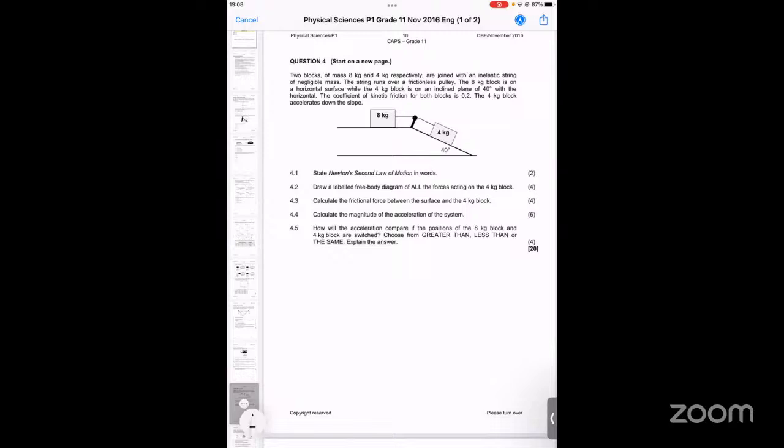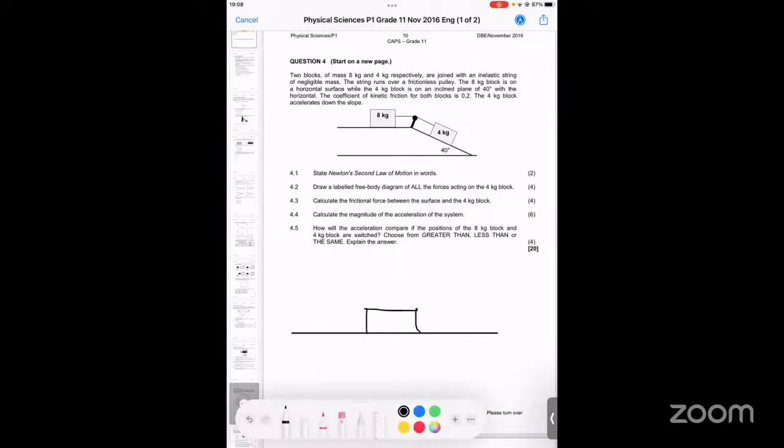So this is the situation, Didintle. We will have an object which will be on a horizontal flat surface like that. When we have to draw the forces acting on that object, number one, we need to be aware of all the possible forces which may be acting on that object. Let's have a list of those.